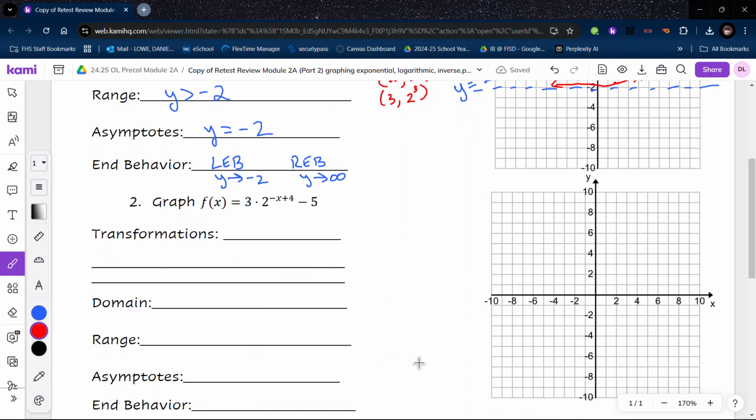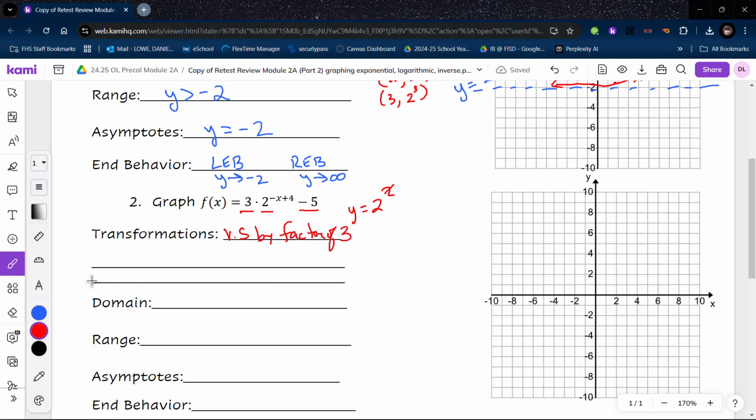If we look at another example, for this one, we have 3 times 2 to the negative (x plus 4), minus 5. And so once again, 2 to the x is going to be my base. So I have a vertical stretch by a factor of 3.